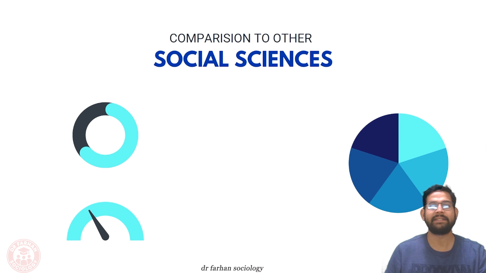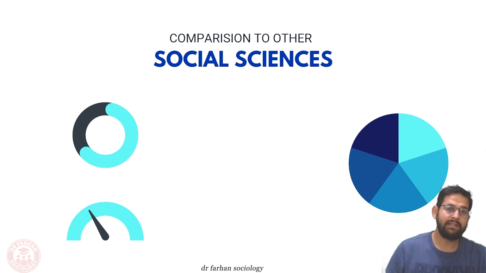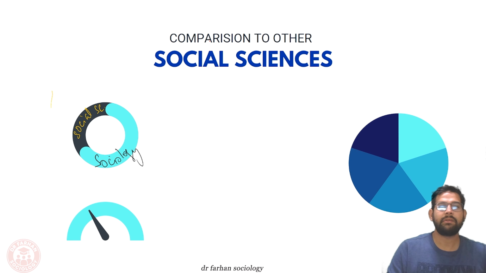My answer is yes and no. Yes, it is distinct because of the way sociology is studied, but at the same time, this subject has a simple overlap with all the other disciplines as well. The topic is comparison of the subject with the other social sciences. The point we are trying to find out is that this subject has an overlap with the other disciplines.